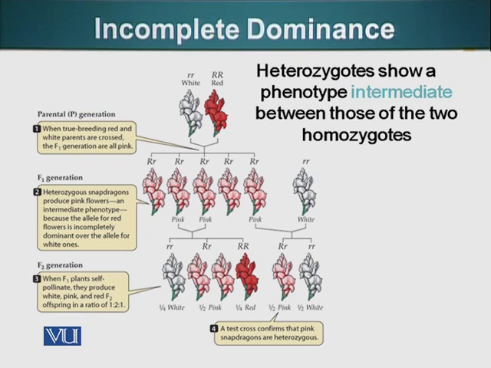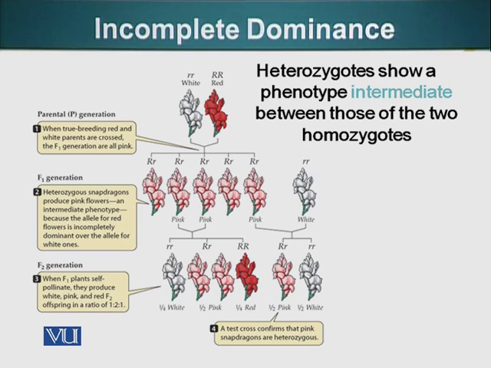That's exactly what we have. So 50% of the flowers in the test cross were pink because they were heterozygotes, and 50% of the flowers were white, they were homozygous. Basically, these flowers do not follow complete dominance, therefore it is called incomplete dominance.